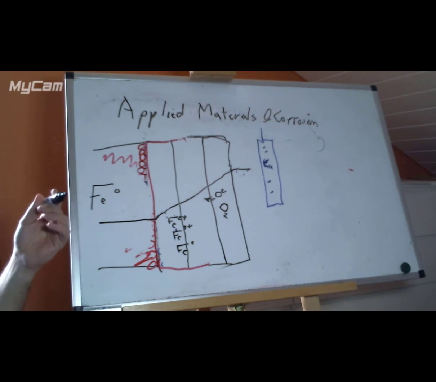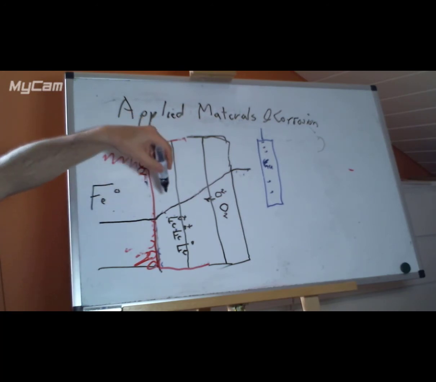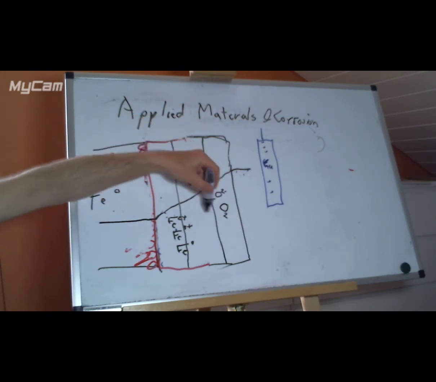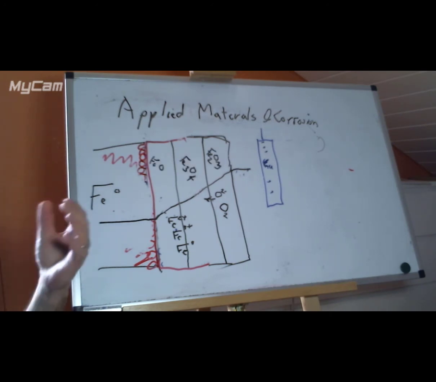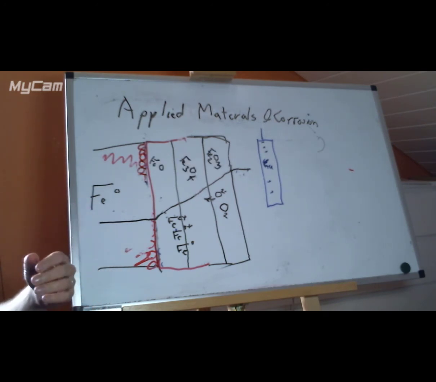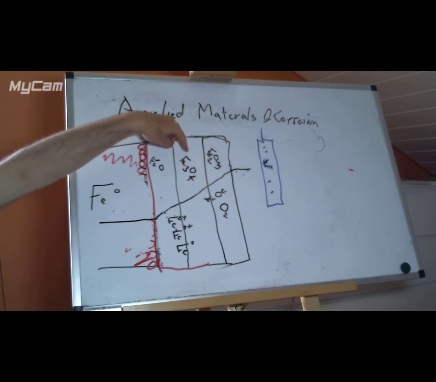And so we will end up with a layered structure of oxides between the iron 0, the iron 2, and the iron 3, with the iron 2, iron 3 in between. So in a massively simplified way, we could draw lines on here and say at the bottom we've got iron 2 oxide, FeO. In the middle we've got magnetite, Fe3O4, which is iron 2, iron 3 oxide.